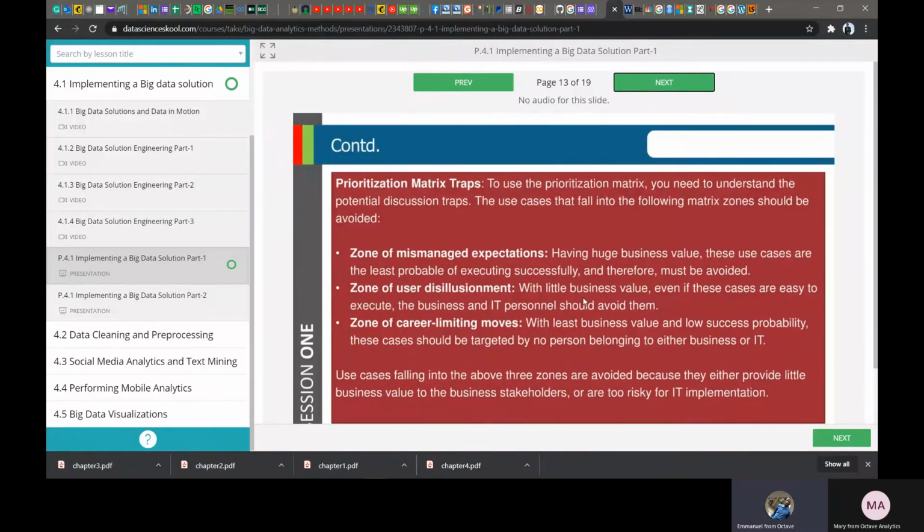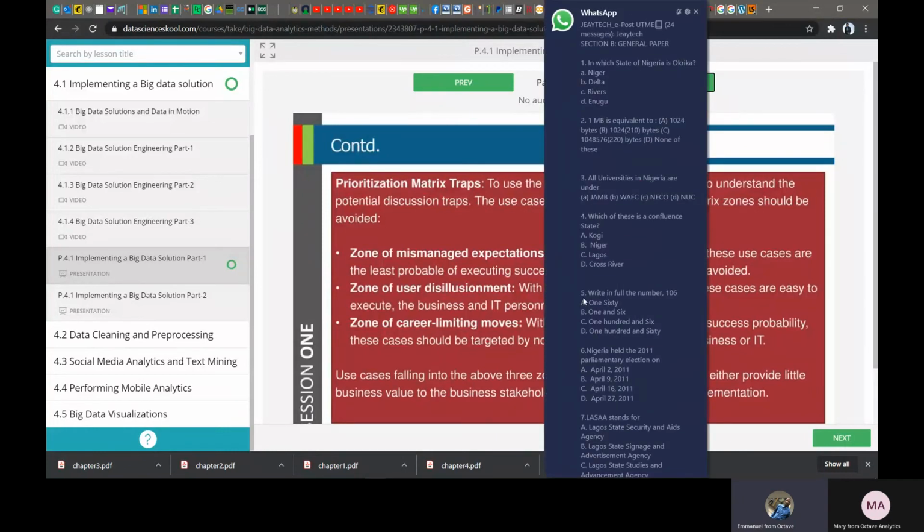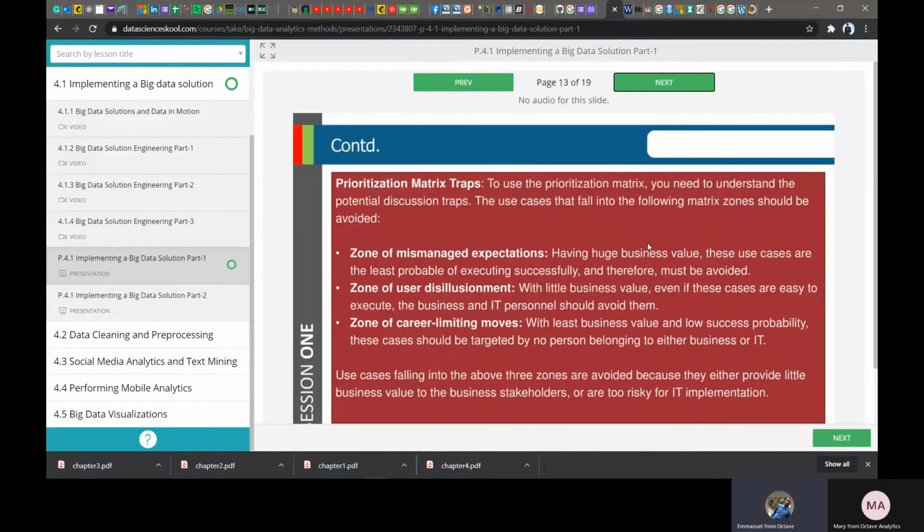These are the ones that fall at the right bottom. They have little or no business value, but they are very easy to implement. So what's the good of it? If it's easy to implement the solution but it's not worth it at the end, it's not bringing in money. It's not value. So this kind of use case is called the zone of user disillusionment.